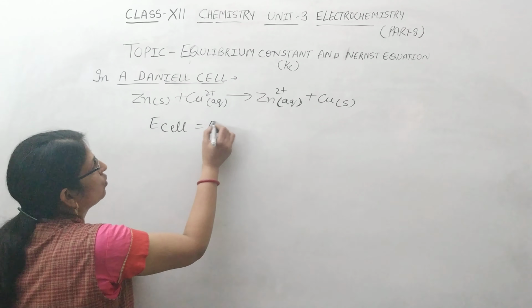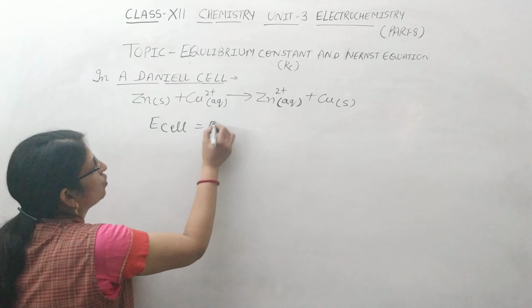Now it is time to calculate Kc for this reaction. E naught cell of the Daniell cell, I already told you, is 1.1 volt. You write here E naught cell is equal to 0.059 upon 2 log Kc.